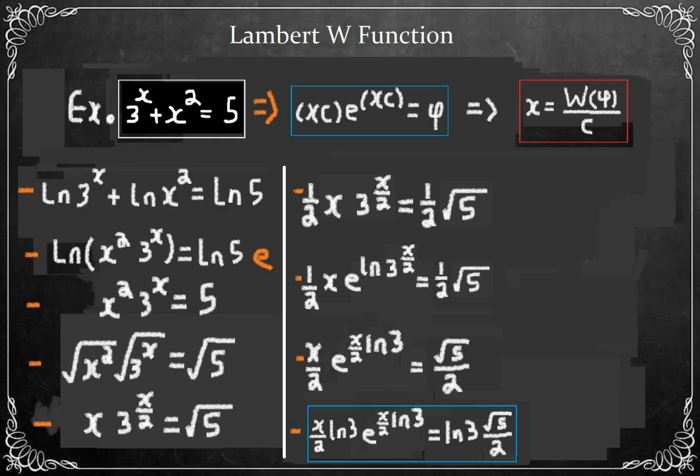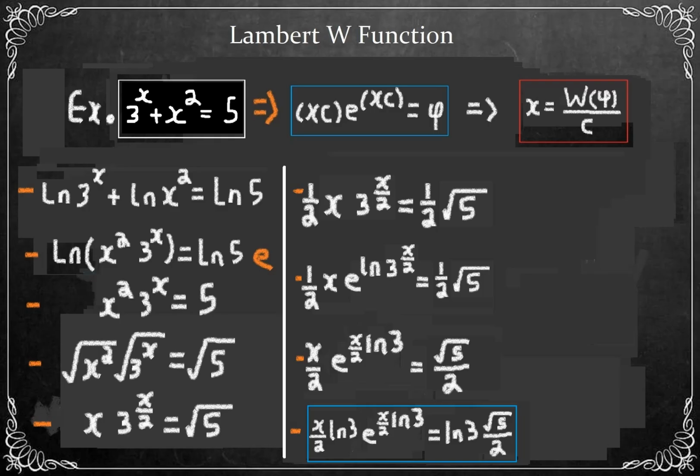And to do that, we'll use e to the ln(3) equals square root of 5 over 2.